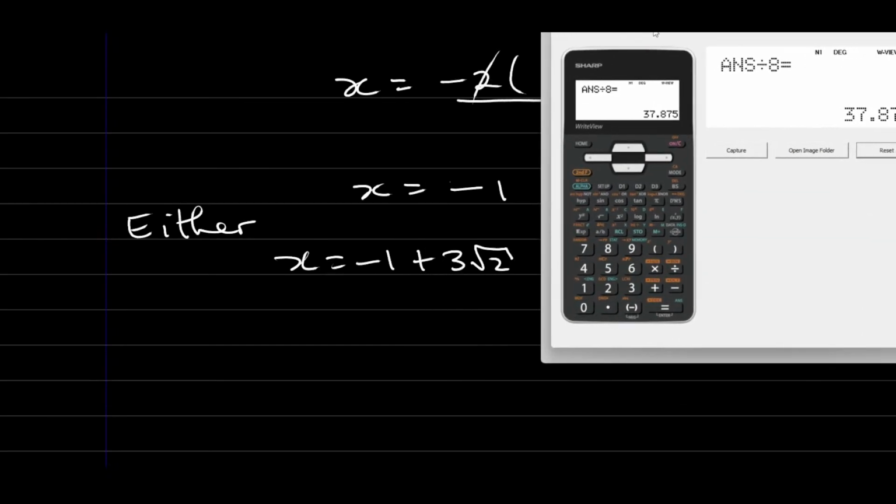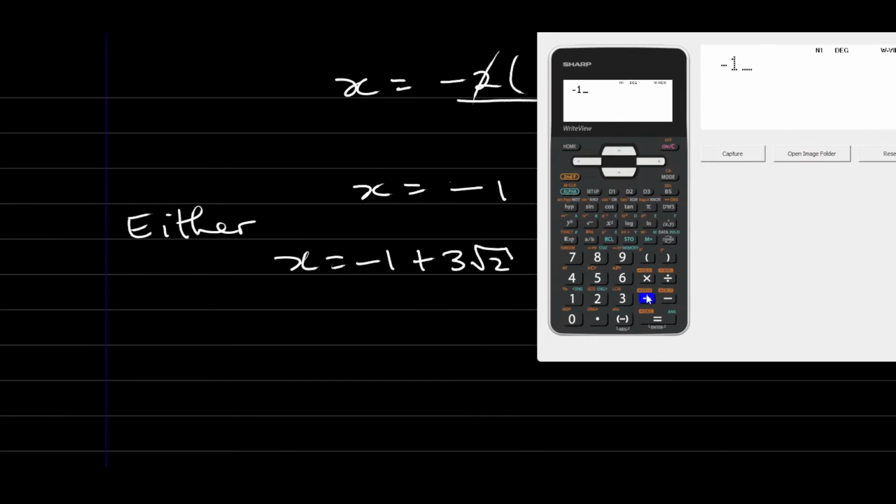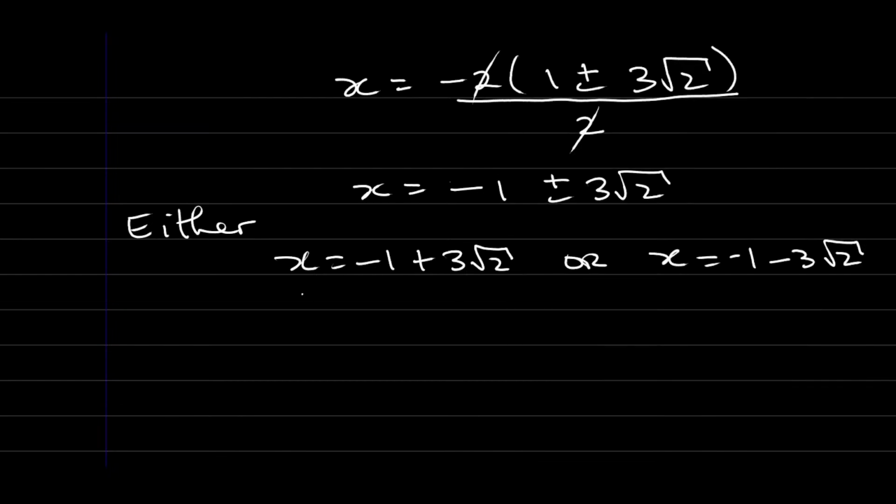So this one here is minus 1 plus 3 root of 2, and this here is 3.2. Okay, so x is approximately equal to 3.2 dot dot dot, expressing that it has a whole lot of digits after that.